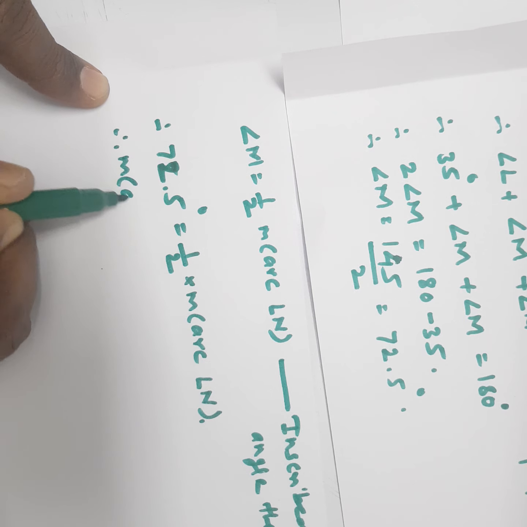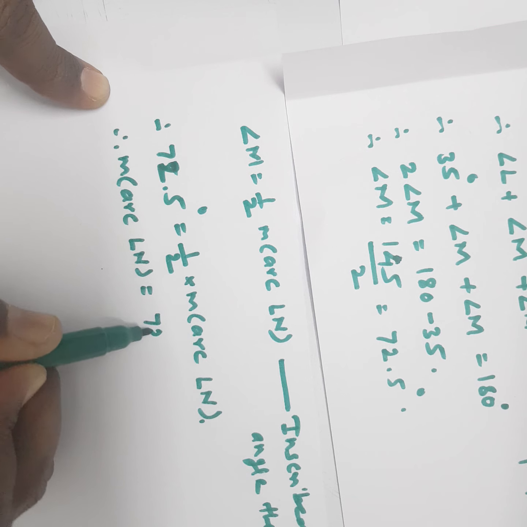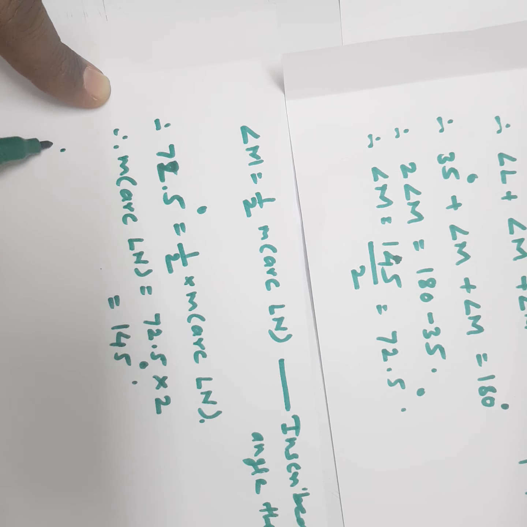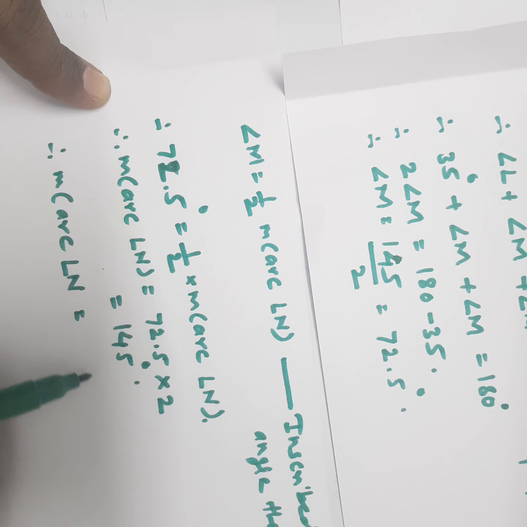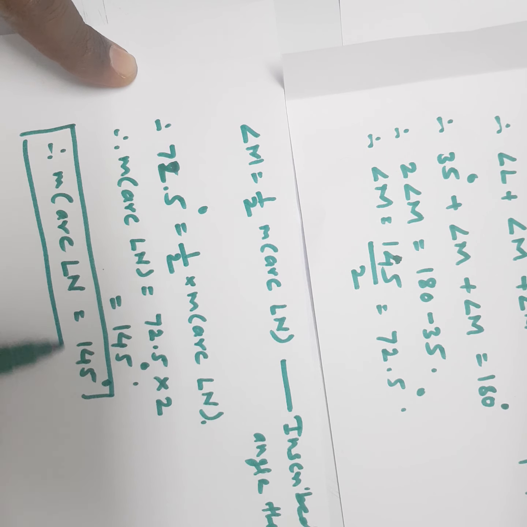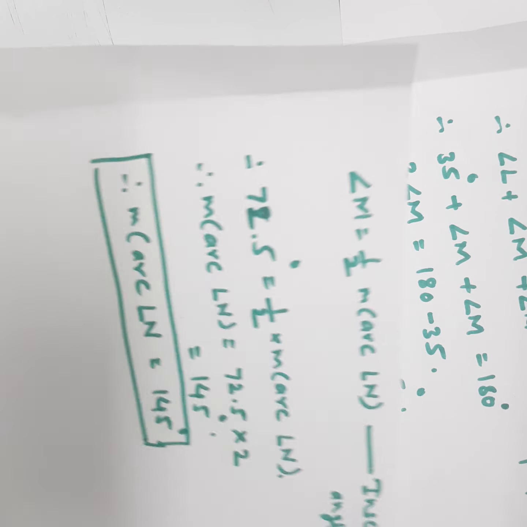Therefore the measure of arc LN is equal to 72.5 into 2, that is 145 degrees. This is the second thing we had to find. We used the inscribed angle theorem to solve both points.